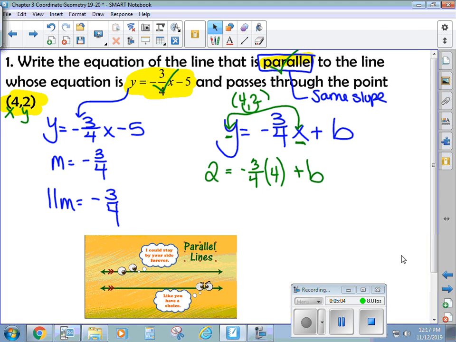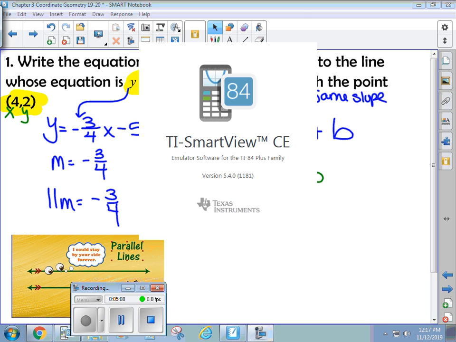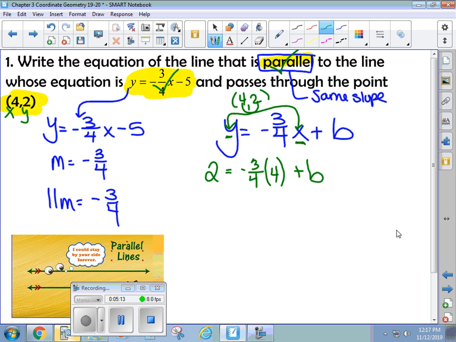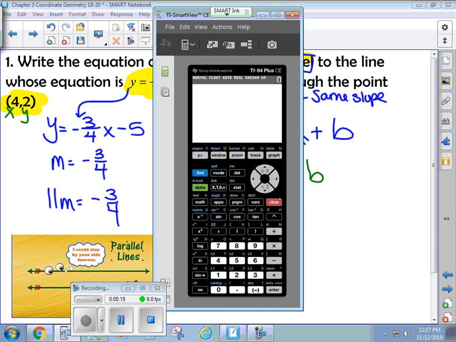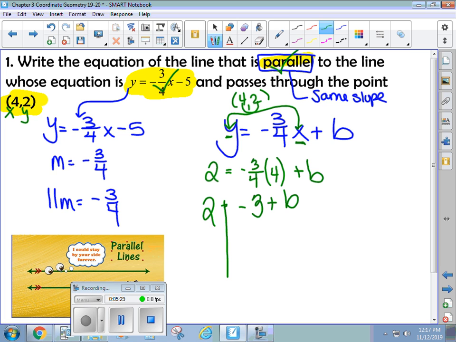My calculator is going to take 10 minutes to load. You can with your calculators. 2 equals, what's negative 3/4 times 4? Negative 3. Negative 3 plus b. How do I solve for b? Add 3 on both sides.